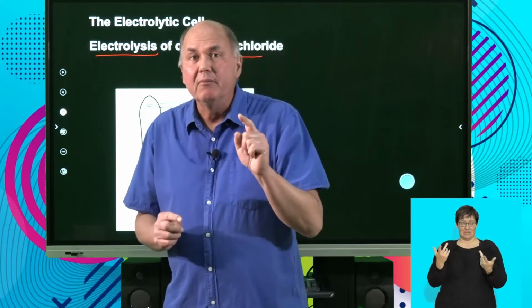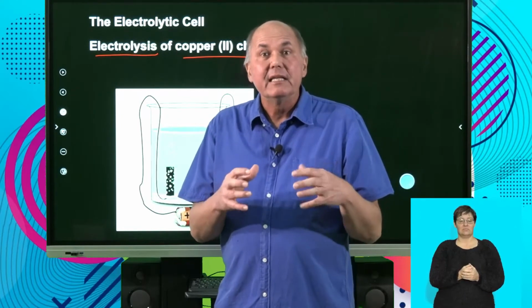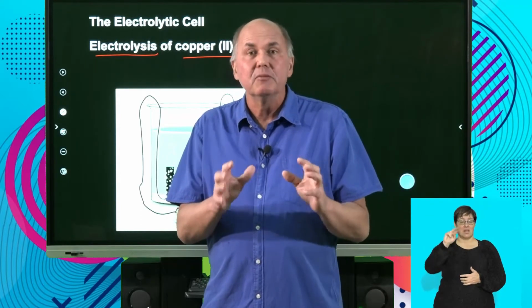And probably the most famous of these electrolytic cells is found in the use and the recycling of aluminium. So we're not going to focus too much on this, but I just want to get you the principle. We can extract aluminium from the rock that contains aluminium. We call that rock bauxite, and it is aluminium oxide.